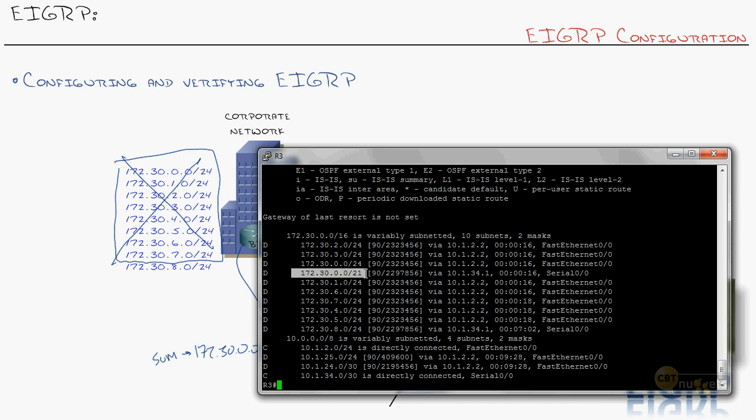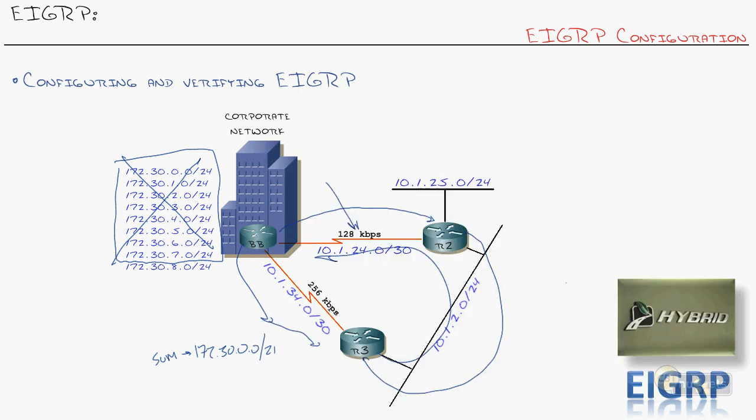Is it using this summary route to reach those networks, or is it using these individual routes? Well, remember, and I'm leading up to this, rule number 1 of the routing table. The routing table is the best of the best. And rule number 1 is whoever has the most specific subnet mask. Most specific subnet mask always wins.